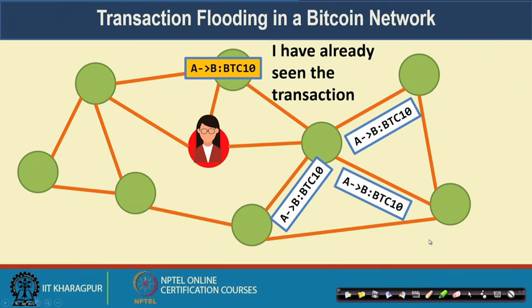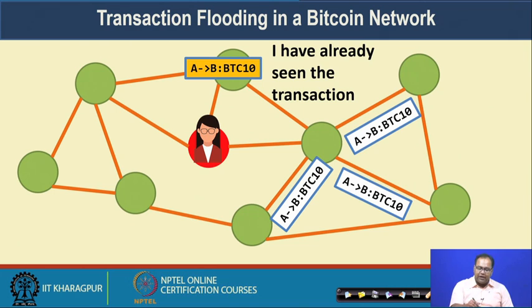Whenever you are flooding the transactions, it may happen that a particular node has already seen the transaction. If the node has already seen the transaction, then it does not consider it any further. It simply drops that transaction, and does not rebroadcast it.